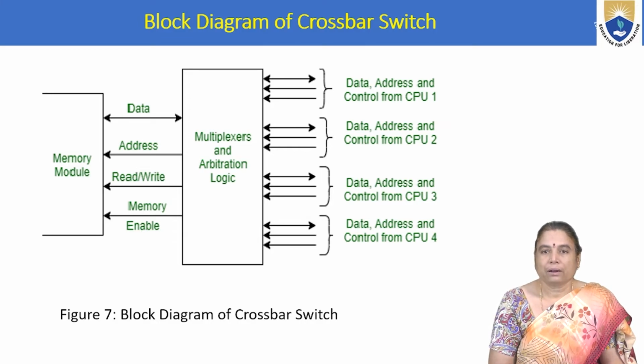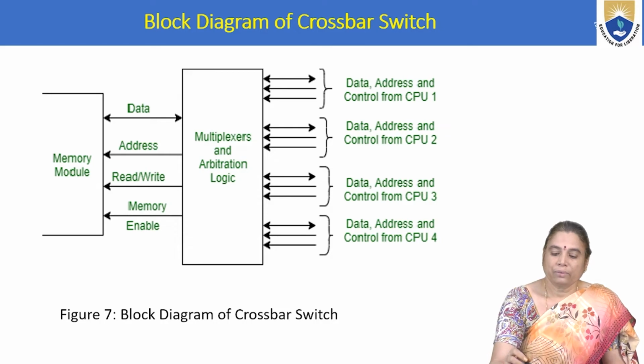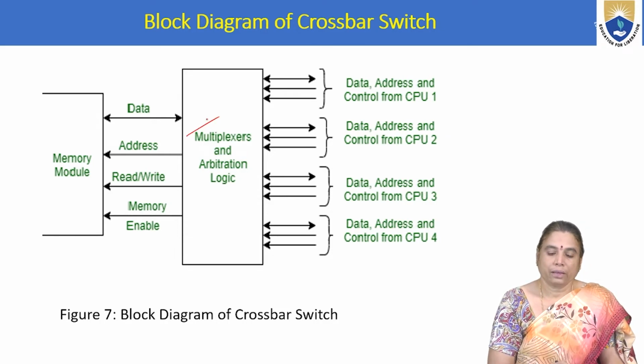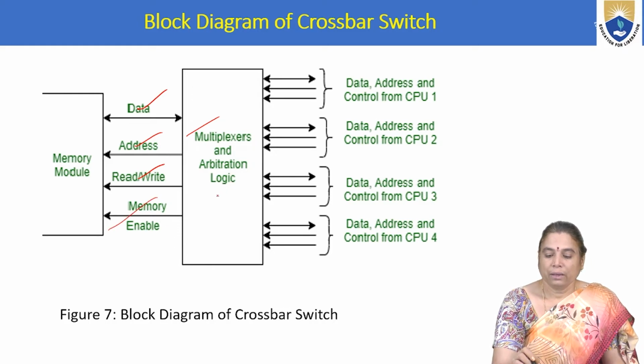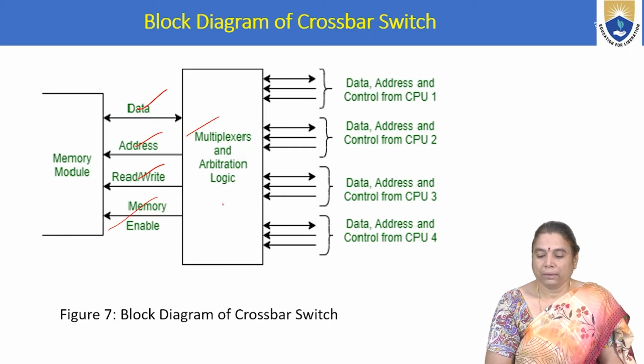So what is the switching logic in this crossbar switch? The crossbar switch can use multiplexers for the switching logic, and it has to decide the address of the memory location, the information, and the control signals, and which memory module is enabled is decided by the switching logic with the help of the multiplexers.